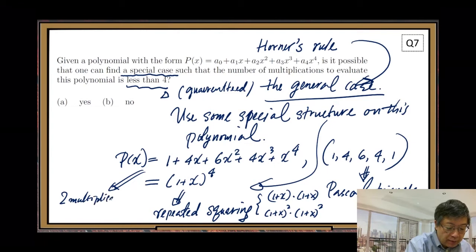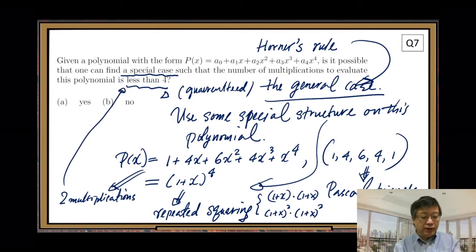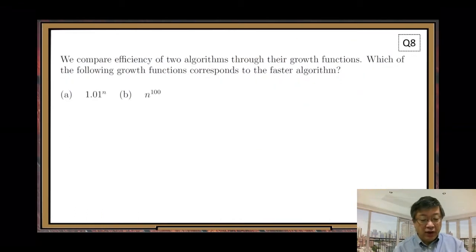How about that? Is it less than 4? Yes. So that's the reason we can choose option A as our answer. Yes, it's possible. So that's question number 7.